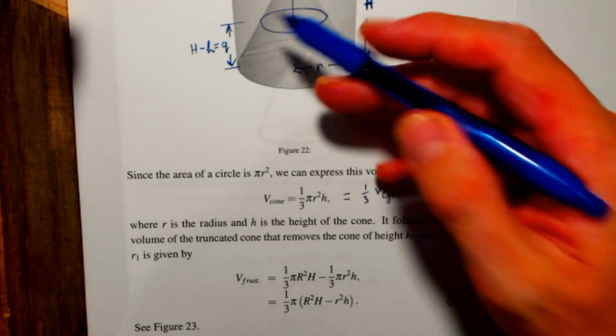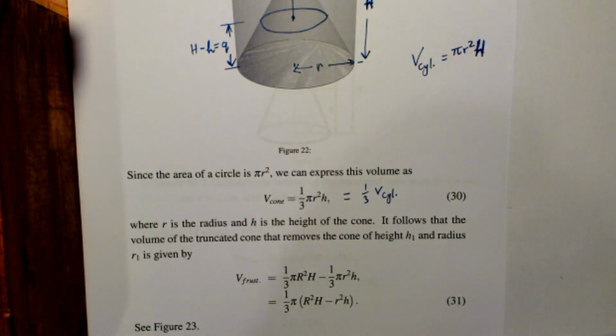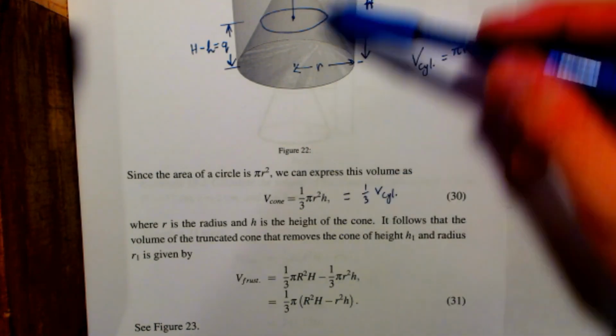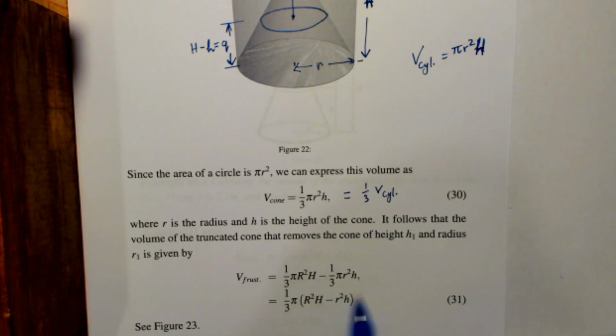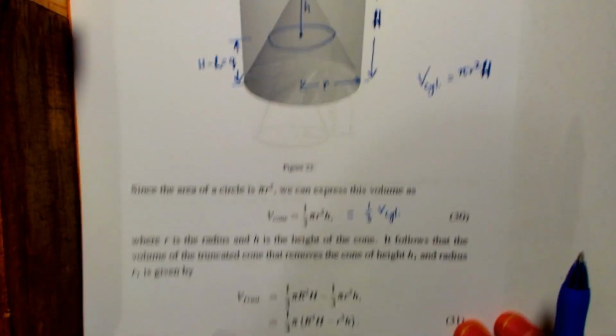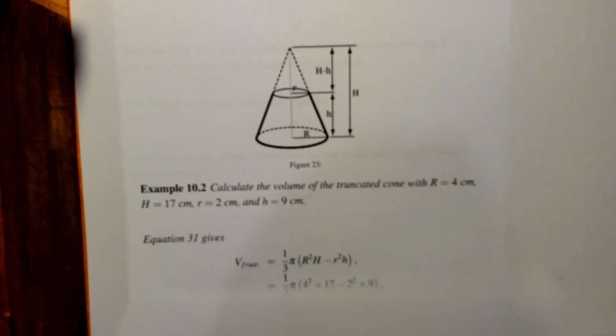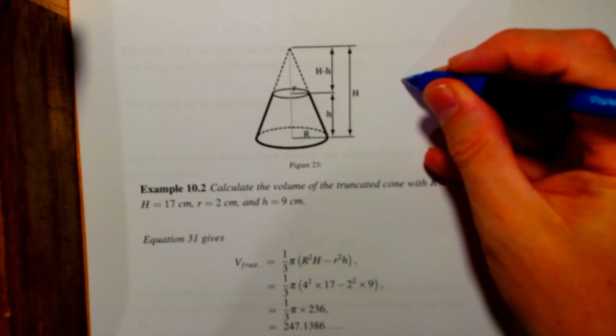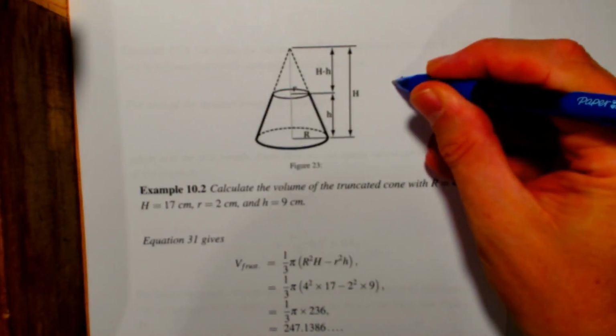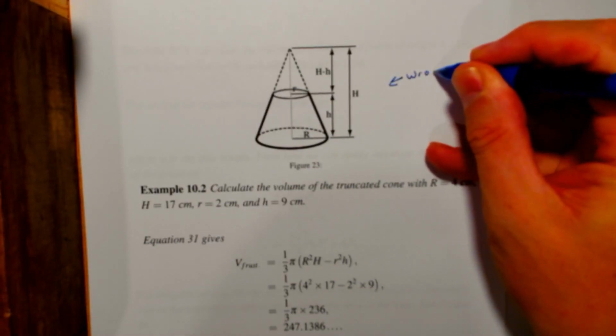down here. Okay, because I'm taking the larger volume, subtracting the volume of the smaller cone there, and I can factorize this, factorizing out the 1/3 pi, to simplify that. However, I now see that this is the wrong diagram, or let's just say wrong labeling.